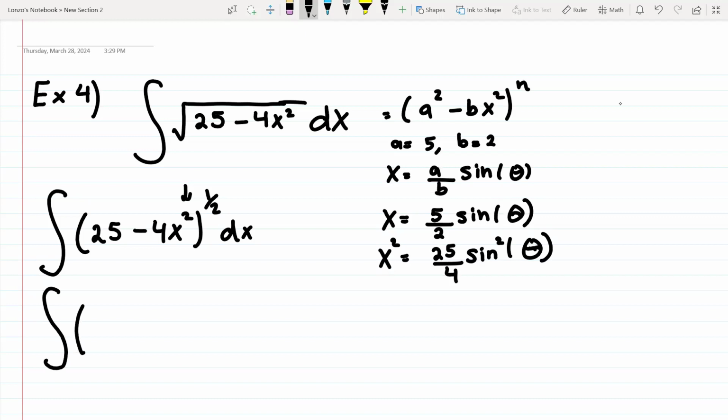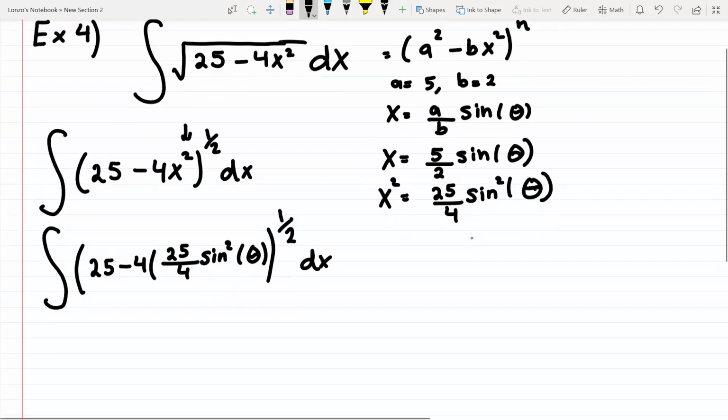It's going to be 25 minus 4, and then replace x squared with 25 over 4 sin squared theta, right? And remember, this is still all raised to the 1/2 times dx.